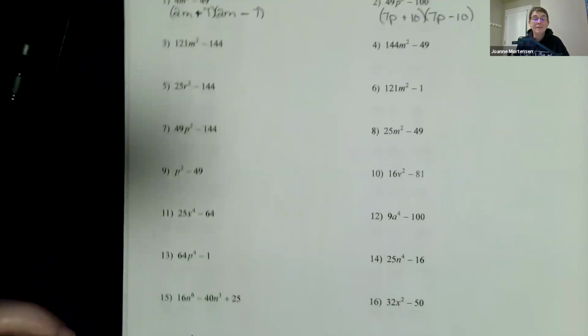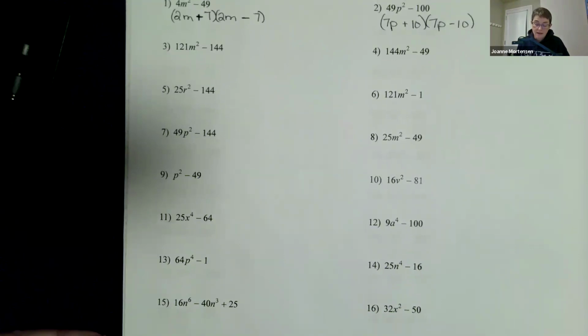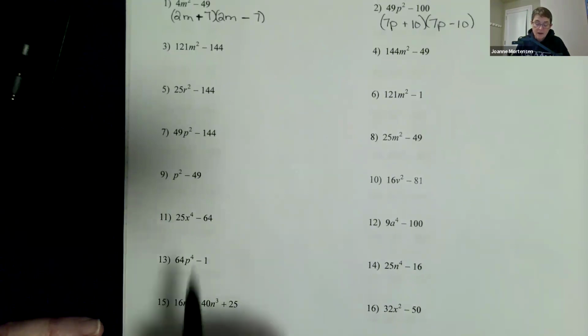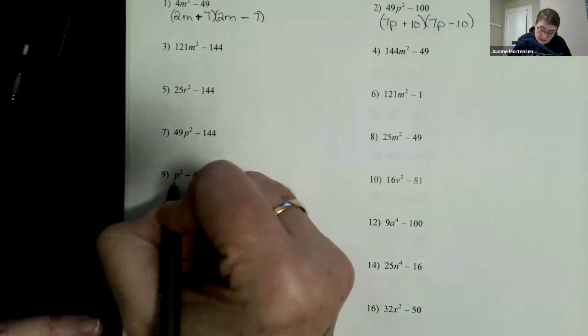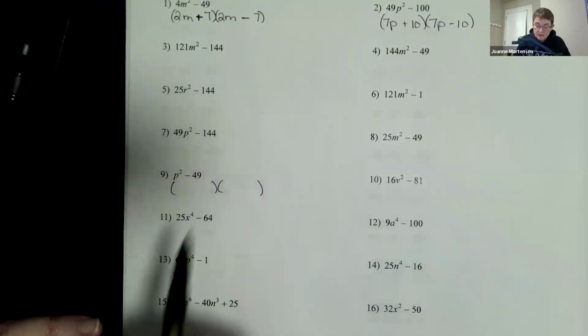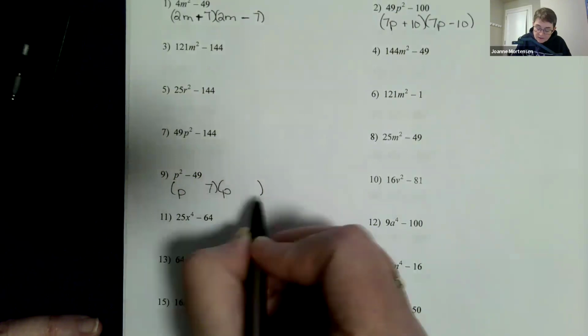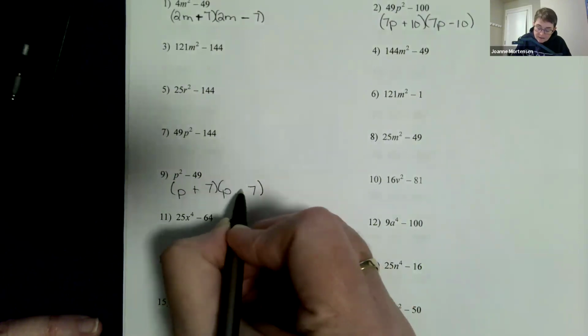I'm going to cheat. I'm going to go down a little ways. Because really, it doesn't get interesting until, I don't know where it gets interesting. Let's try number 9. That looks a little bit different, but actually it's easier. The square root of p squared is p. Square root of 49 is 7. Plus and a minus.